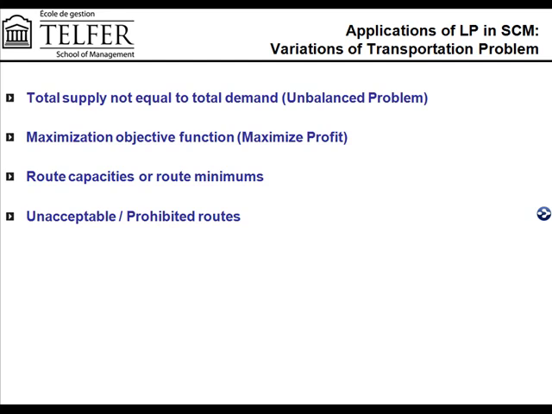And in that case, it might be a maximization objective function. Sometimes the capacities on various routes might have a maximum or a minimum, so you have to take that into account as well. And like I said, infeasible, unacceptable, or prohibited routes might be another part of the problem as well. So you have to take that variation into account as well. So those are some variations.